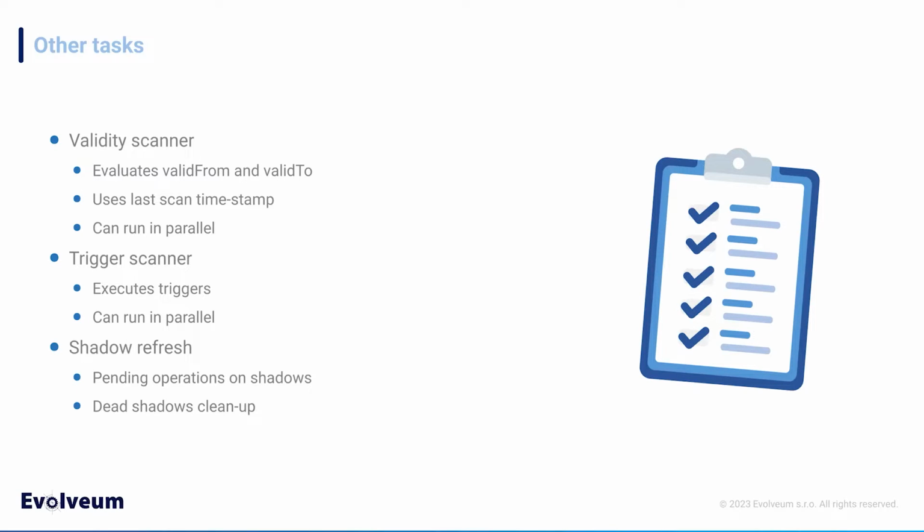The same applies to the trigger scanner, which is a similar task, but instead of checking the validity of individual objects, it's looking for triggers which are placed onto objects. In some cases, you don't want to execute some action immediately, but instead you put a trigger saying when this should be executed.